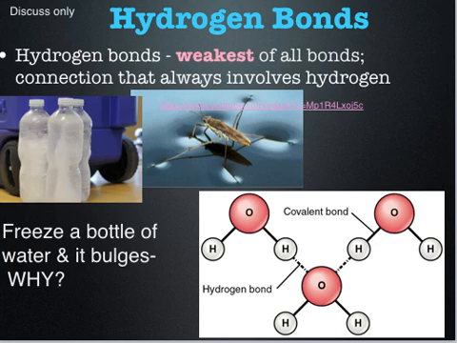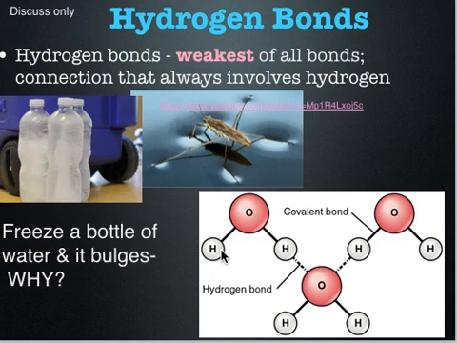Hydrogen bonds are the weakest of bonds, and here the pink word goes in the blank. It's obvious by its name: hydrogen bonds always involve hydrogen. This chemical down here, the red O's with the two lines and the H's attached to them, is one molecule of water, H2O.